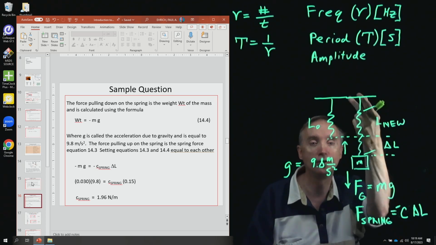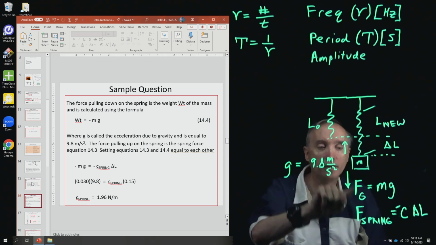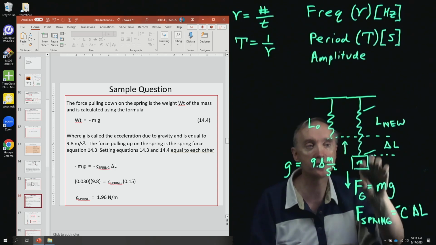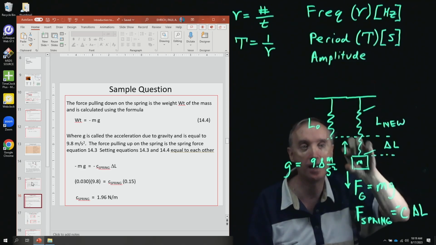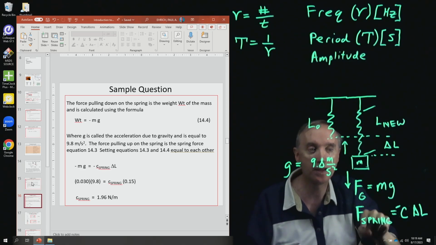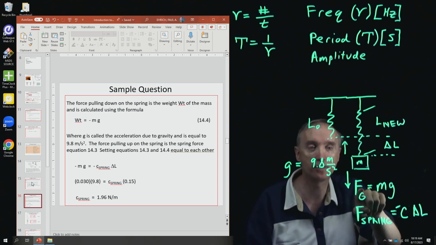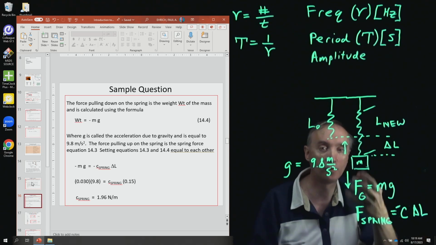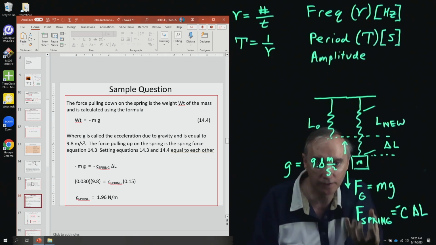The force of gravity is m multiplied by g. That's what's pulling it down, but what's pulling it up is the spring force, this thing right here. If this object is suspended, it's not shooting up into the air and it's not falling down, then these two forces have to equal each other. So the force of gravity pulling down is equal to the spring force pulling up. The force pulling down is negative mg, negative because it's pulling down.